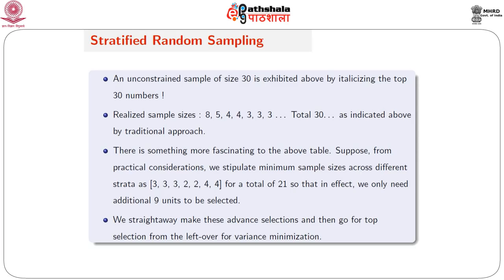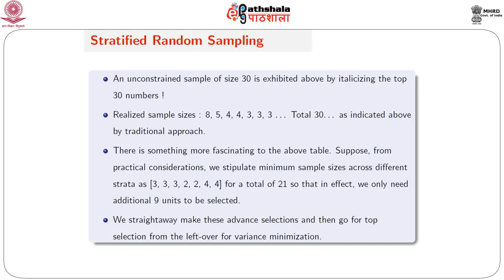So the traditional approach gave me 8544333. By using this technique, we come up with 8544333 instantly by referring to the values of the top selection according to this method.